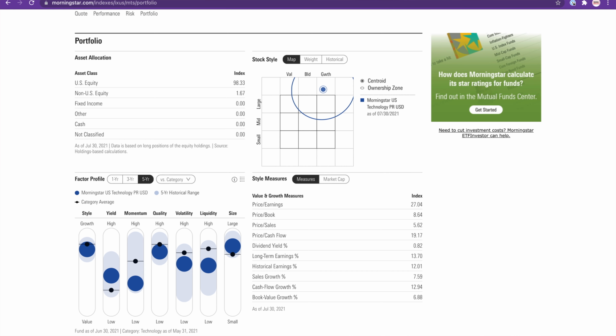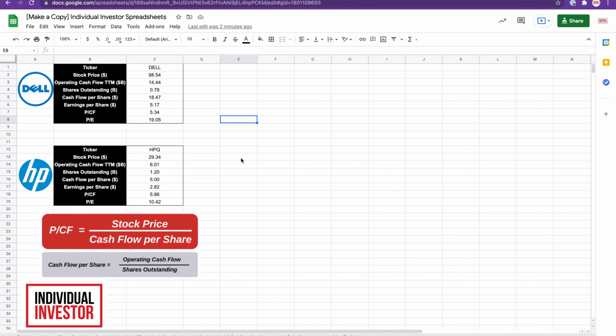So if we go back to the figures for HP and Dell, we can see that from a price to cash flow perspective, both are actually way below the index. So for both Dell and HP, investors are willing to pay roughly $5 to $6 per dollar of cash flow.